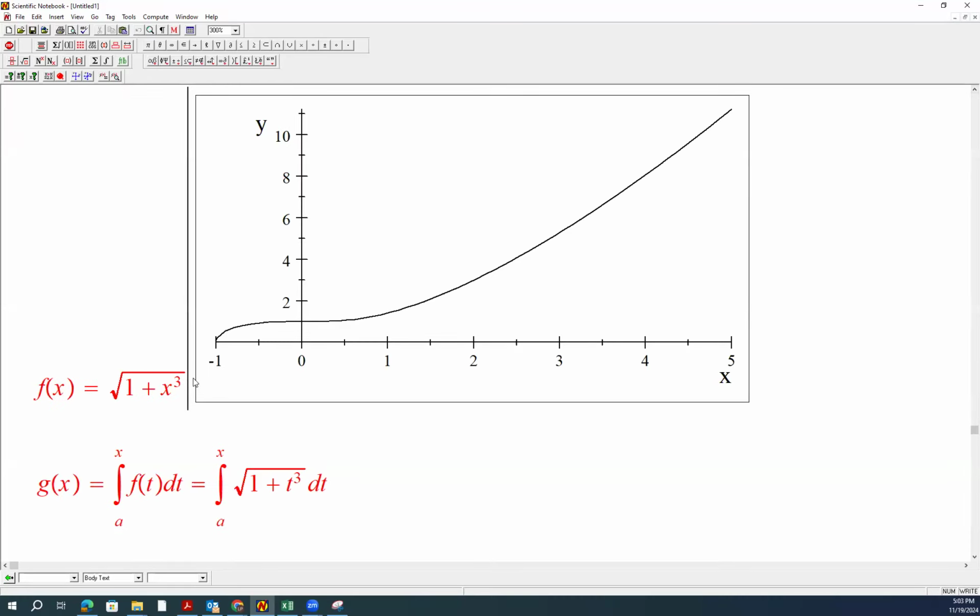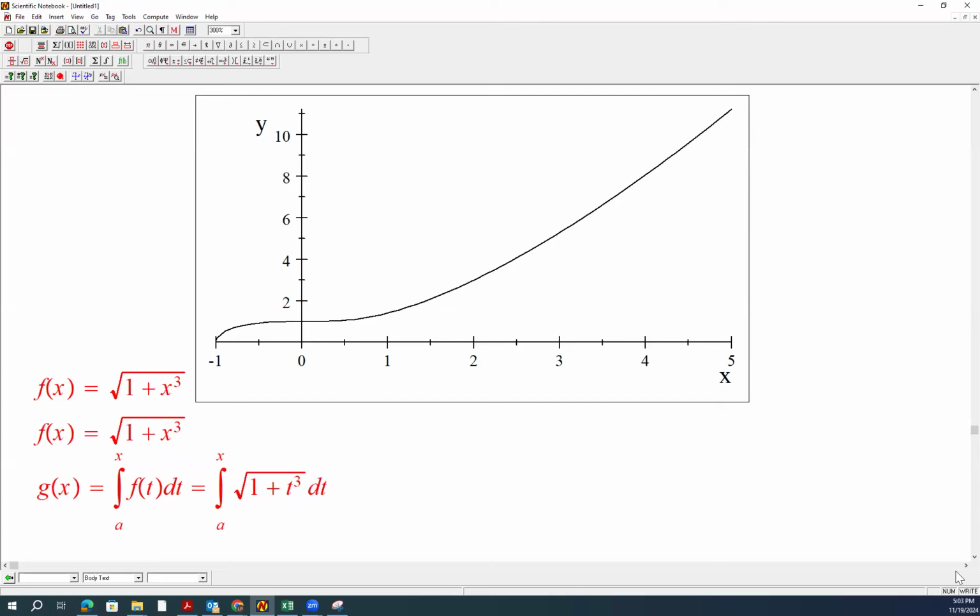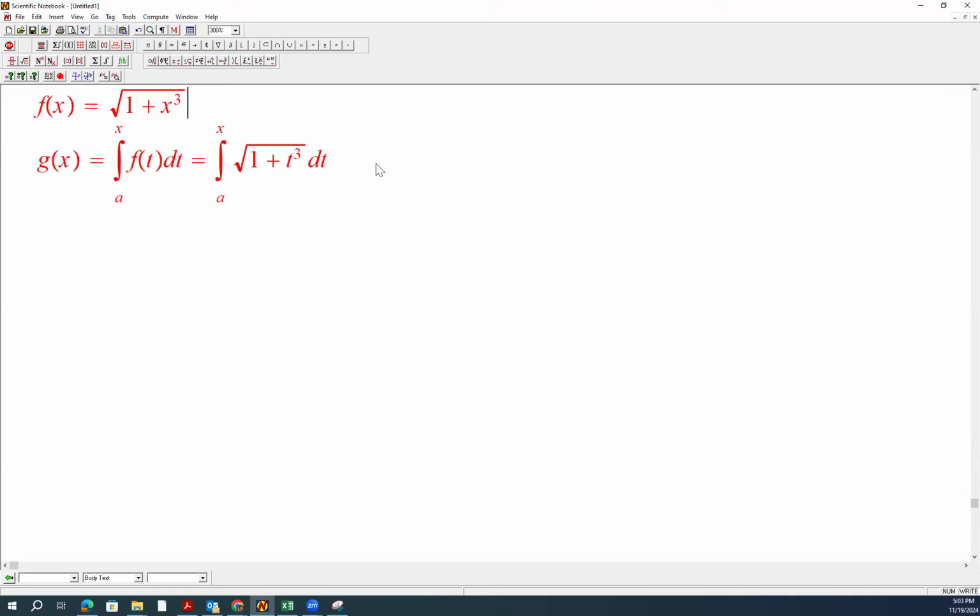So even though we cannot find what g is exactly, by the Fundamental Theorem of Calculus part 1, we know the derivative of g is f of x, i.e. that g is the antiderivative of f of x.